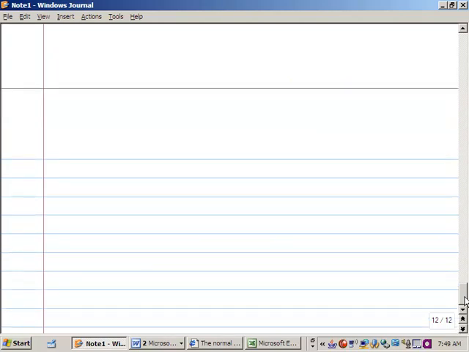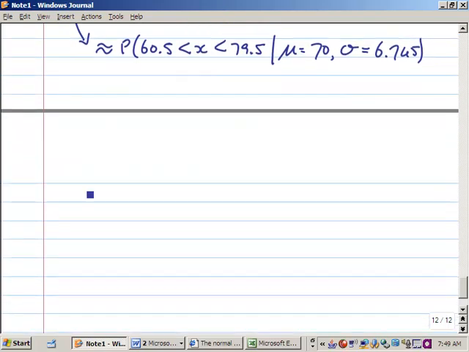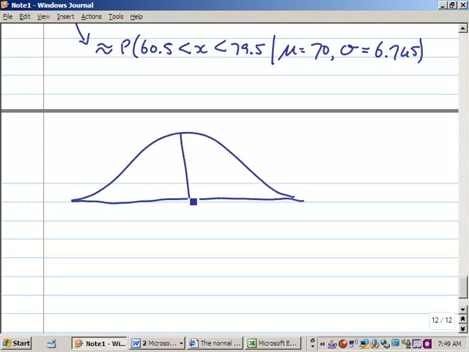Okay, so now we have a normal distribution problem, and we would just do the same as the last video with our normal distributions. Mean 70, going from 60.5, which is below that, to 79.5, which is above. We have an area that straddles the mean, so we're going to add these two probabilities together.